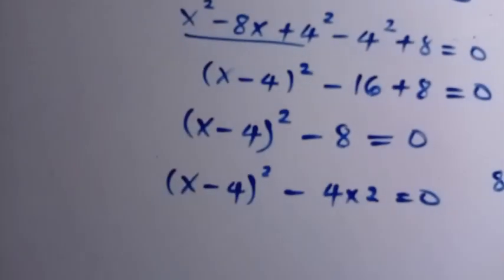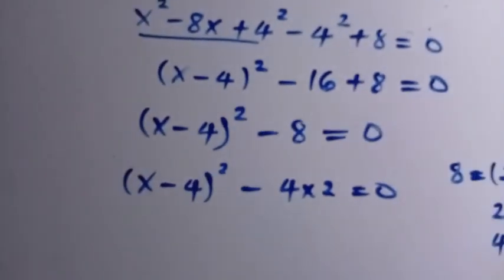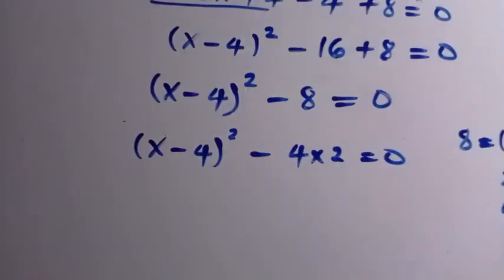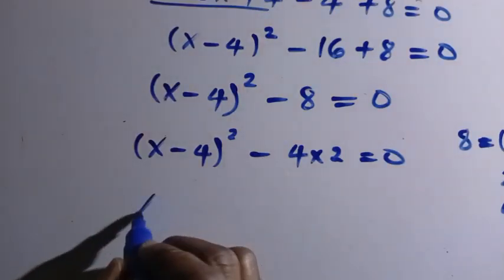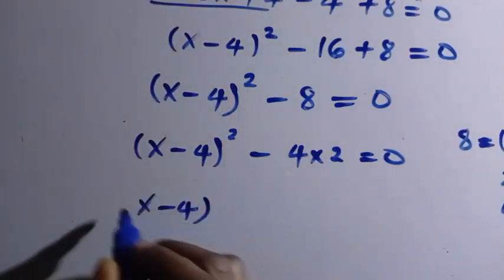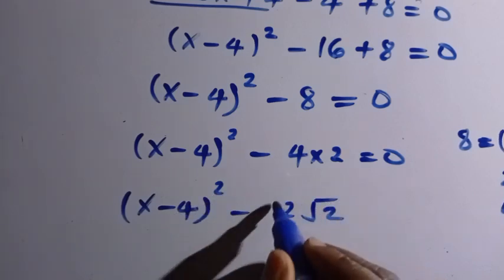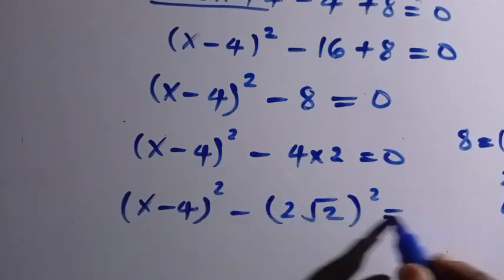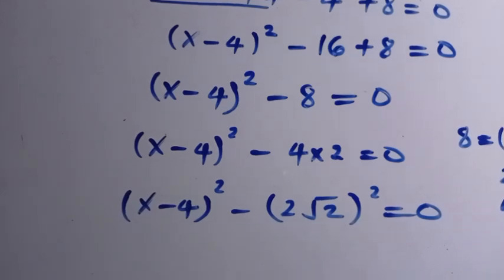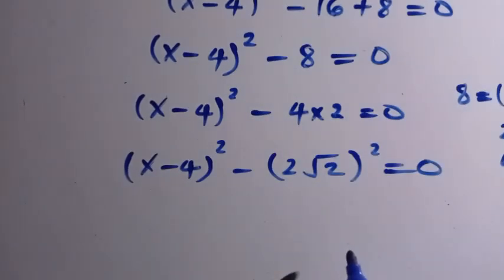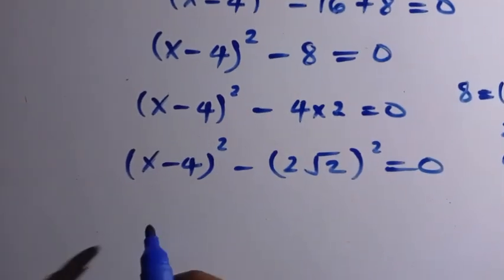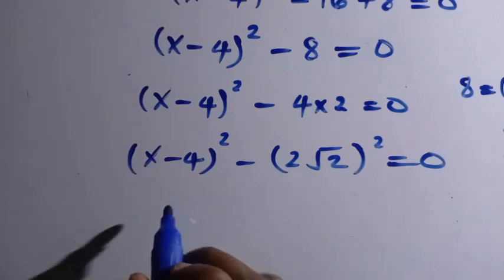Then if I replace it at this stage, what we have here is x minus 4 raised to power 2 minus 2 root 2 raised to power 2 equals 0. Then this is just like a difference of two squares, and it says we add and subtract.